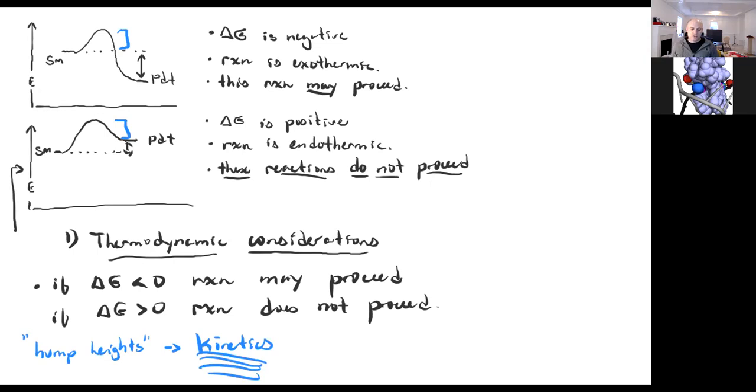Okay, so on the next slide, we're gonna limit our discussions to reactions that are exothermic, okay, to keep it simple. And let me give you 2 extreme examples of a fast and slow exothermic reaction.